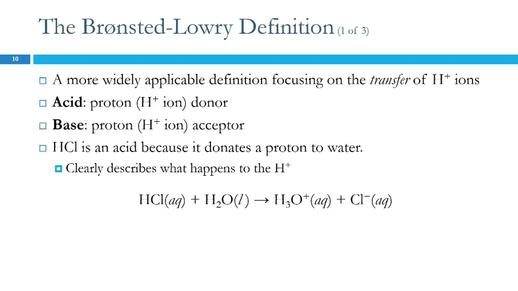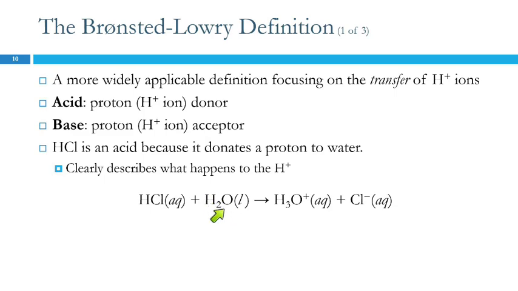Acid, right? Nomenclature, Chem 1A, we learned all acids start with H. So the one that has the H that can give it away, that's the acid. So HCl is an acid because it donates a proton to water. So what's different here is we're thinking about not just this ionizing, but that this is donating its proton to a water molecule.